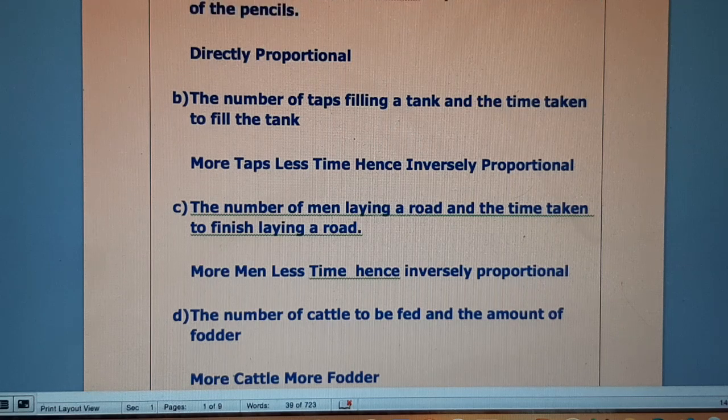Now, if the number of pencils is 2 and their cost is 10, 5 rupees for one pencil, then when the quantity of pencils increases, obviously the cost of the pencils will also increase. So these two quantities, the number of pencils and their cost, are directly proportional in this case.